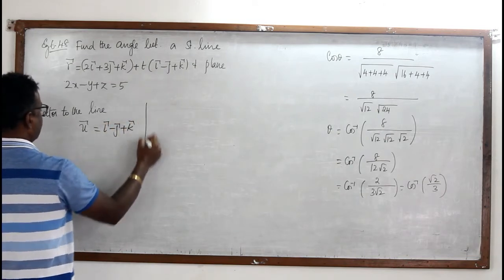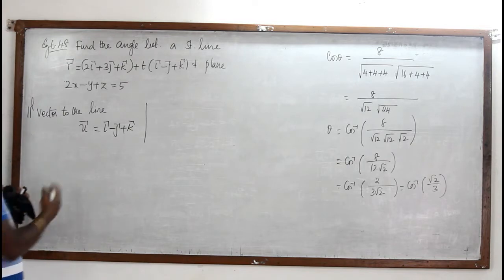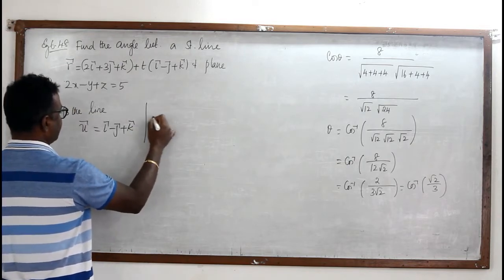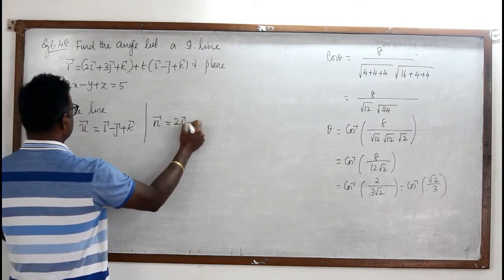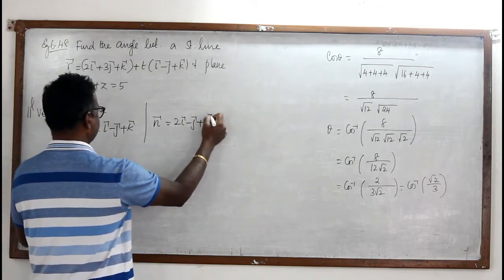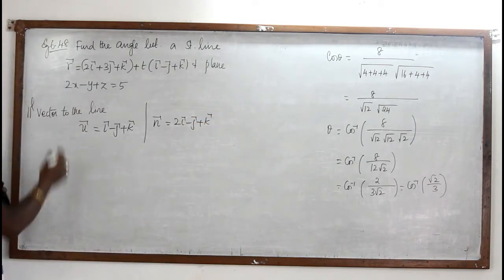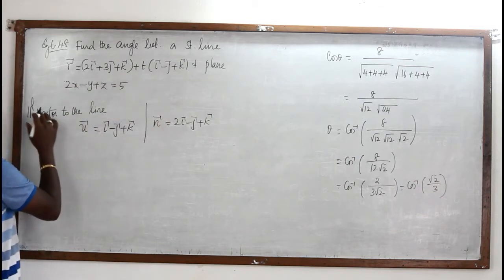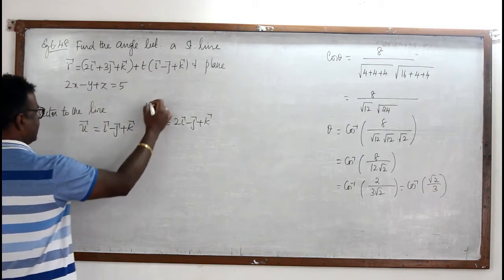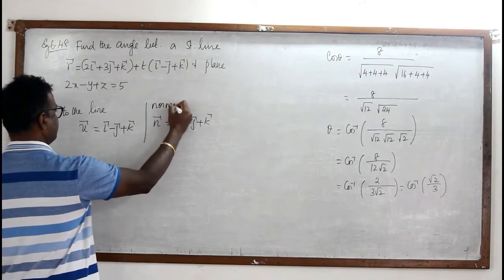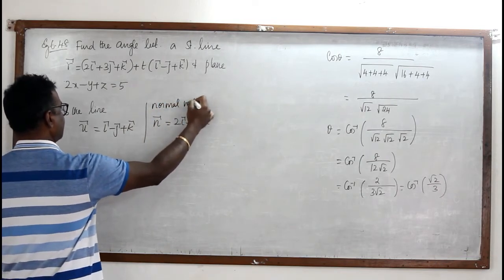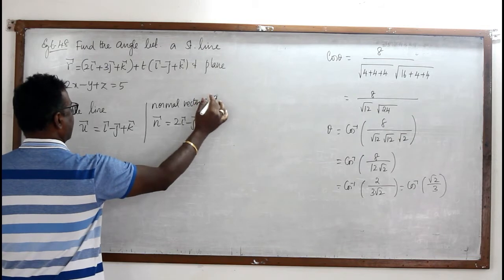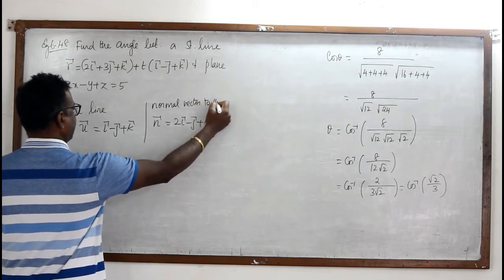So u vector is i - j + k, and we know from the plane the normal vector is 2i - j + k. As we did in the previous problem, instead of x, y, z, if I put i, j, k, then I will get the normal vector. So this is the line vector and this is the normal vector to the plane.